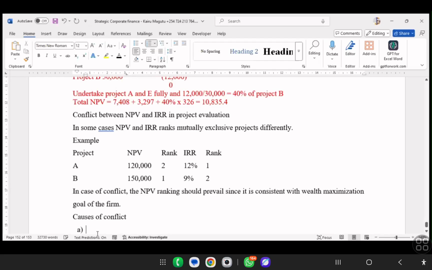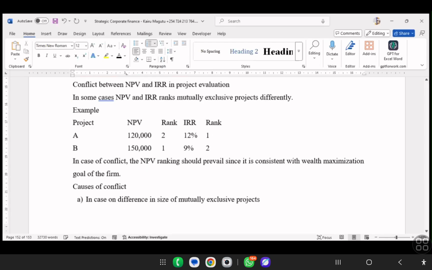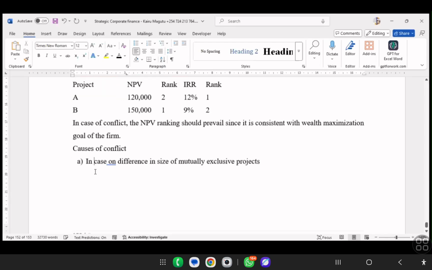Cause number one, in case of difference in size of mutually exclusive projects.